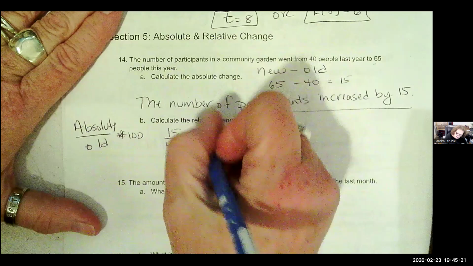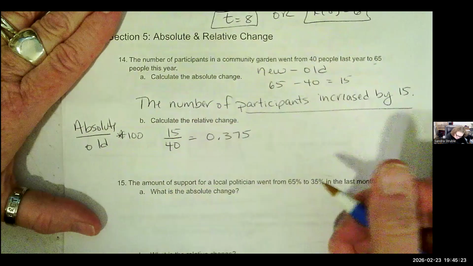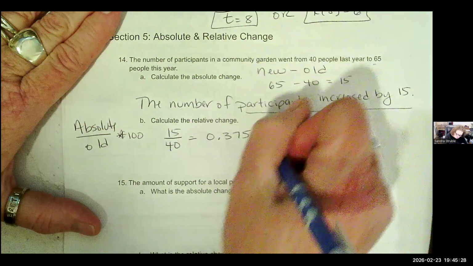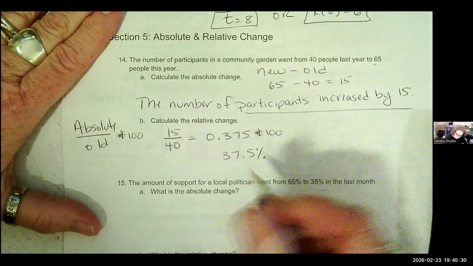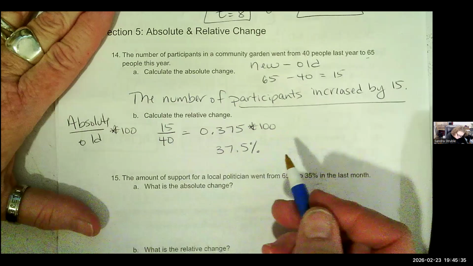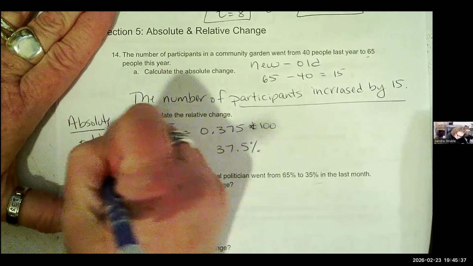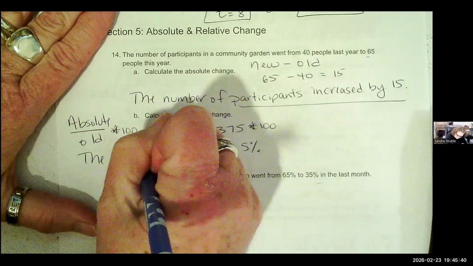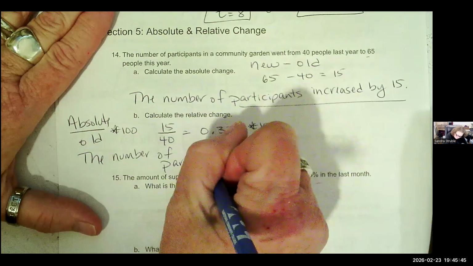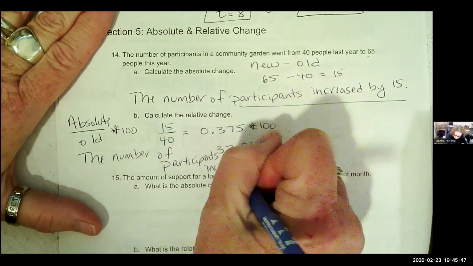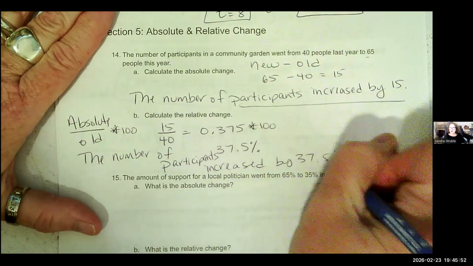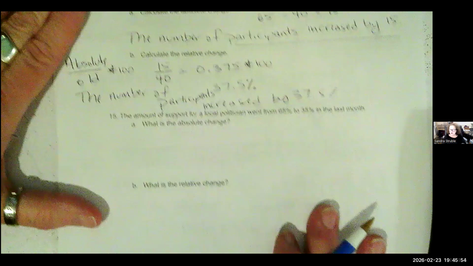And then we need to change that to a percent by multiplying by 100. Now, to write the sentence, 37.5%. The number of participants, same exact way, the number of participants increased by 37.5%.